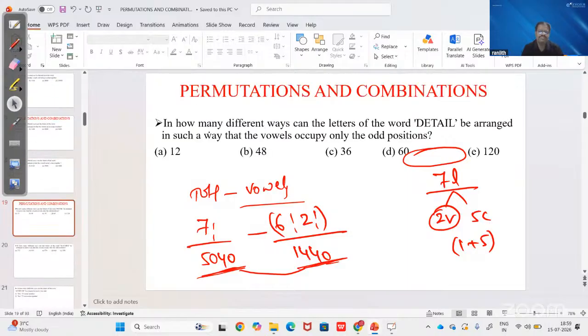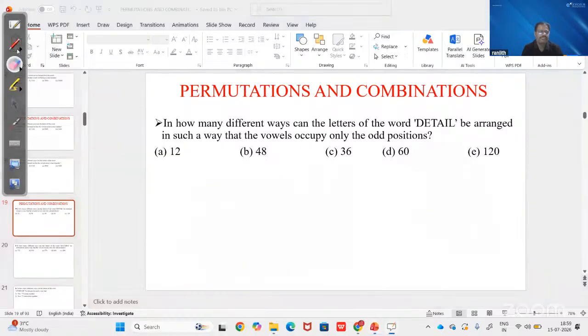Next. In how many different ways can the letters of the word DETAIL be arranged such that vowels occupy only odd positions? How many letters are in the word? Total is 6: 1, 2, 3, 4, 5, 6.